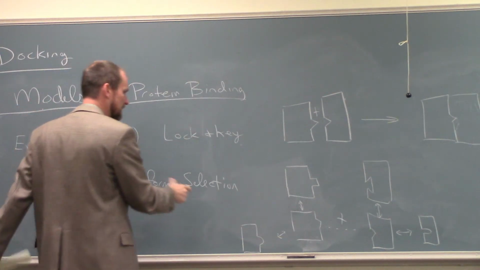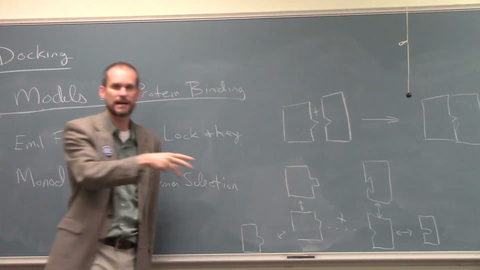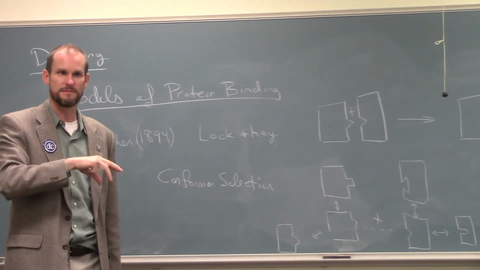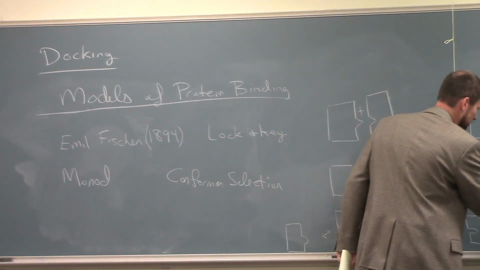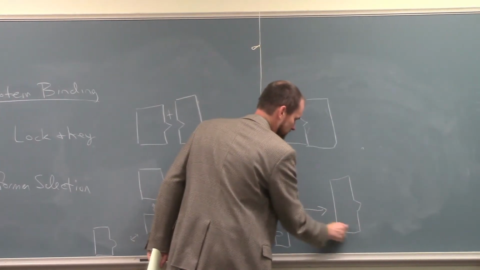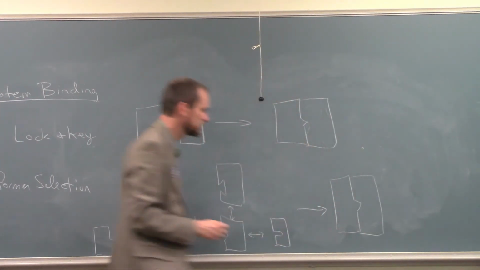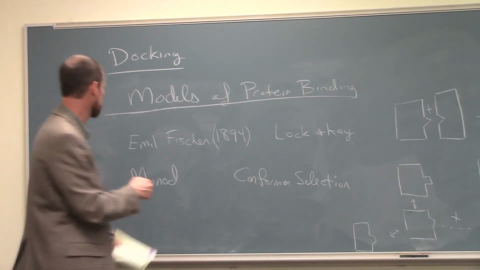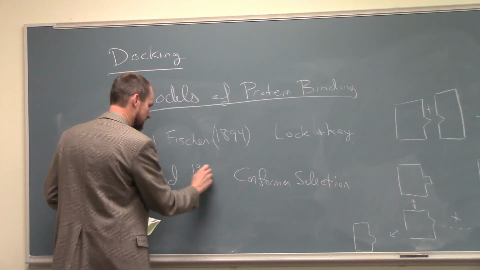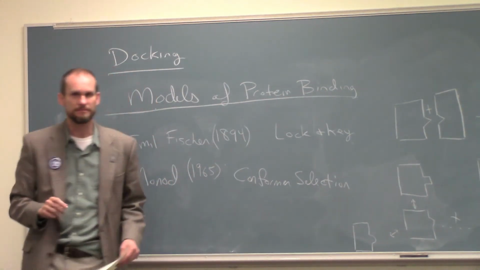And what has to happen is you have to select out the right conformation from the ensemble of unbound configurations. All right, so that's Monod's model of conformer selection. This is 1965.